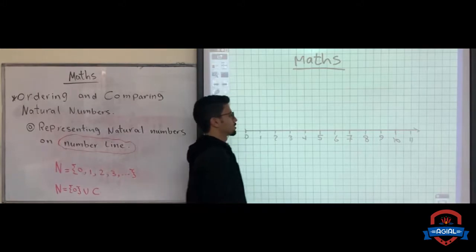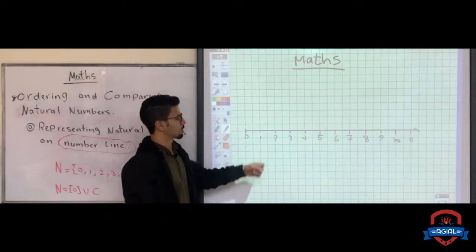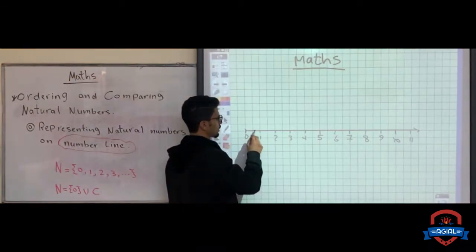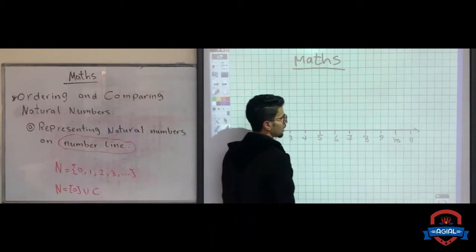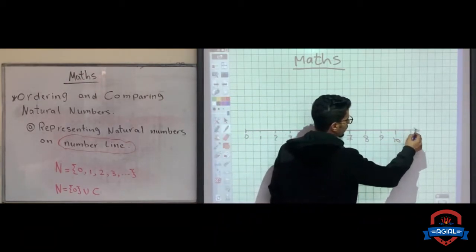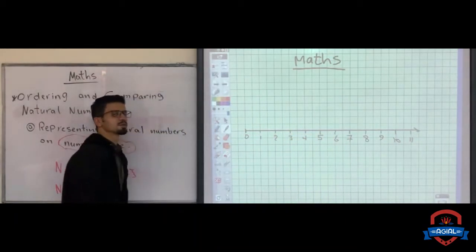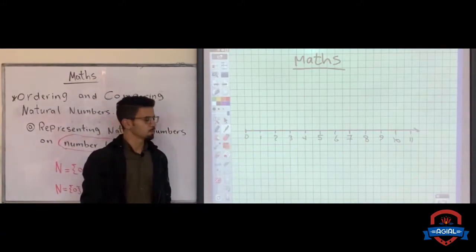So we can represent the set of natural numbers by drawing the number line. We notice that the distance between every two numbers should be equal, and this arrow represents that we don't have an end point. So we have a start point, but we don't have an end point.